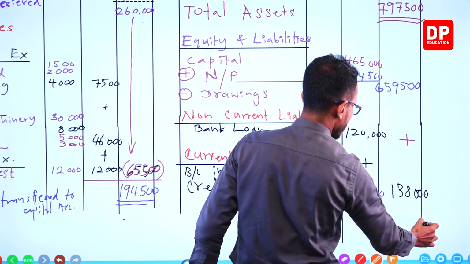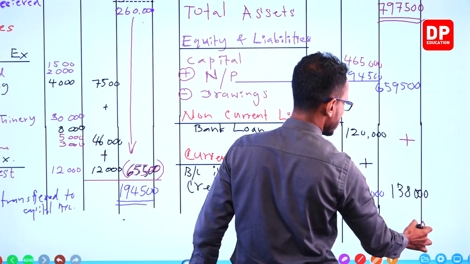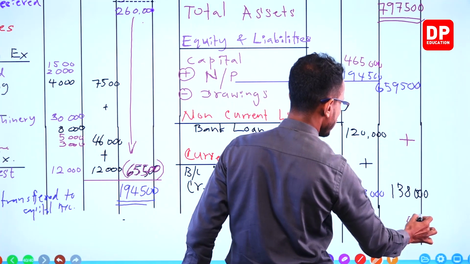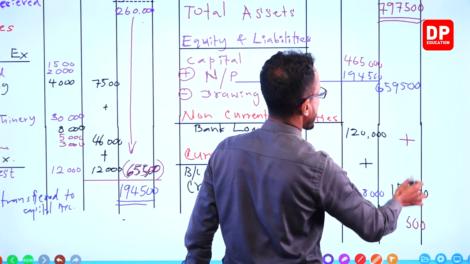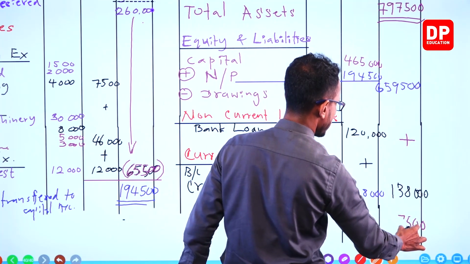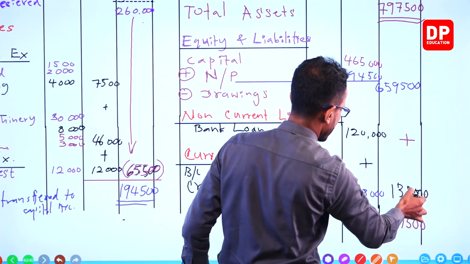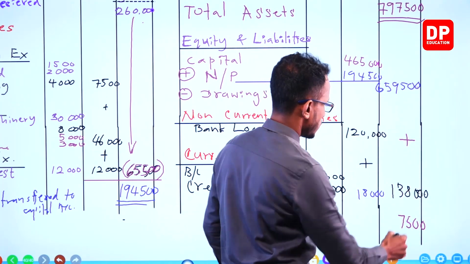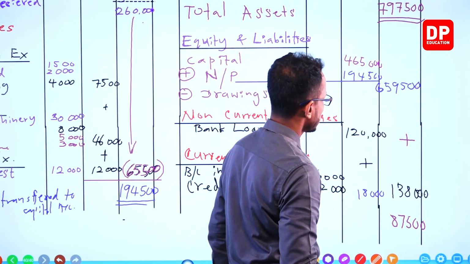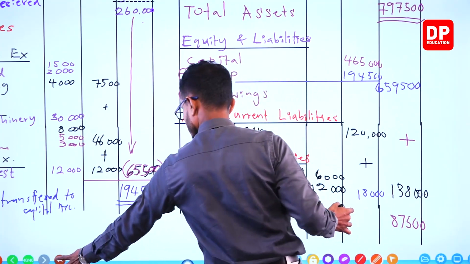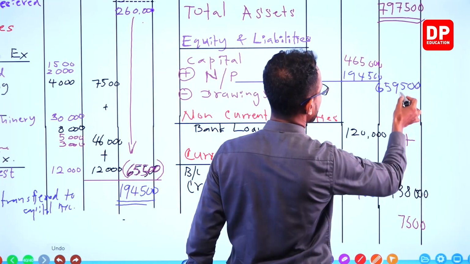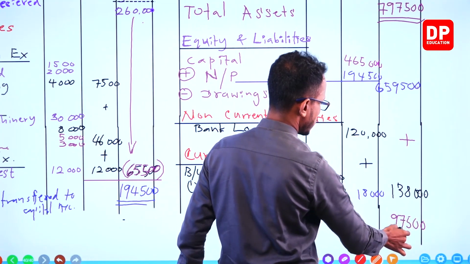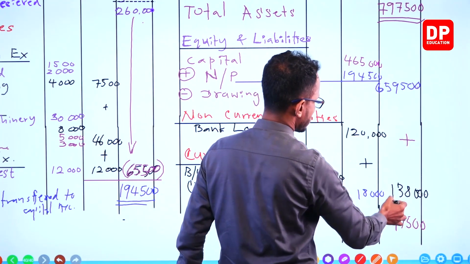0, 0, 0, 0, 0, 0, 5 plus 0, 5, looking good. 9 plus 8, 7, 5 plus 3, 8, with this remainder 9, 6 plus 1, 7.